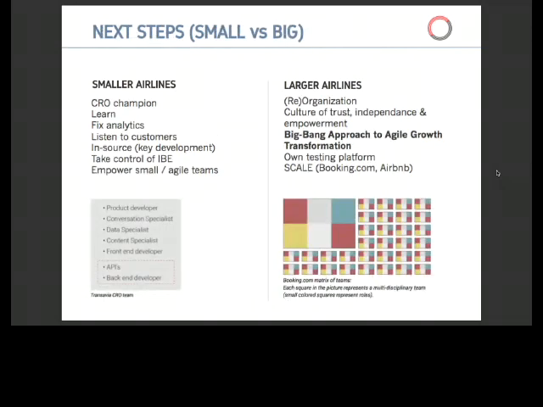The last thing that I said I will try to address is what you can do as a next step. Again, I try to structure it in two parts, one for smaller airlines and one for the larger ones. For the smaller airlines, the first thing is to find your CRO champion, somebody who will really understand CRO and the growth mindset, and if you have that person, empower them. Their role will be to learn and to teach the rest of the team.